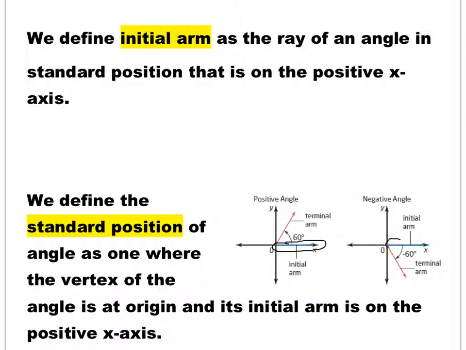Look at this guy. This guy has its initial arm on the positive x-axis. So from now on, for any angle you draw, one of the legs, which is the initial arm, has to be on the positive x-axis. So stop drawing angles like this one. No, we are not going to work with these angles anymore. We are going to have one of the legs on the positive x-axis, and we call it the initial arm.